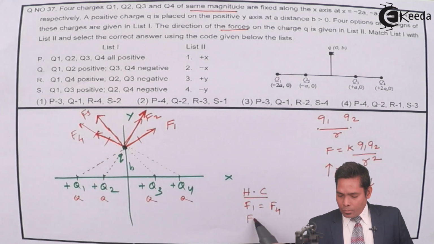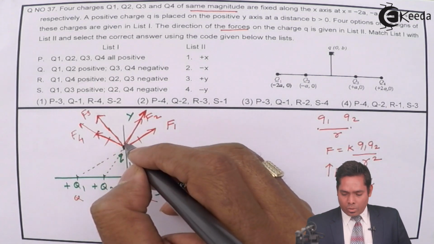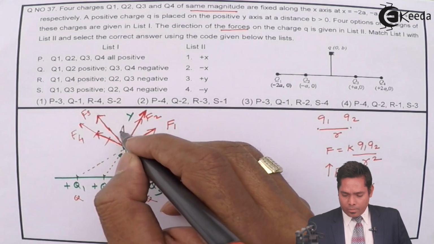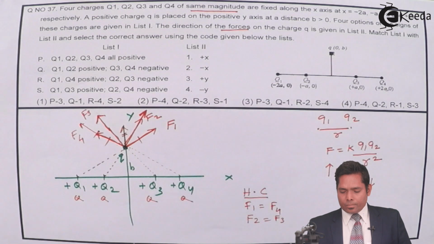Similarly, F2 and F3 will cancel out. Only the vertical components will remain, so the net force will be in this direction only.